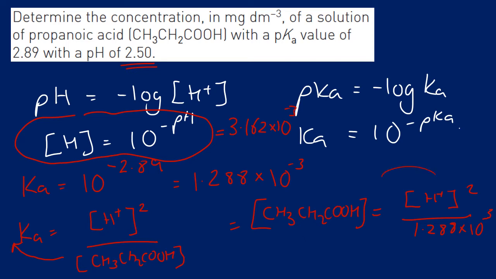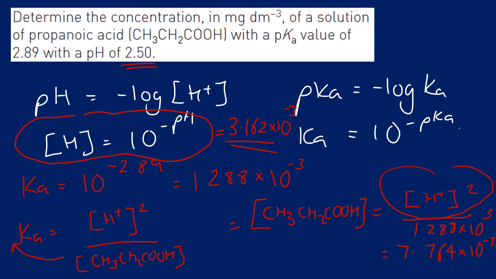I'm going to square that and then divide by 1.288 times 10 to the minus 3. I've got a value here of 7.764 times 10 to the minus 3, and that's in moles per decimeter cubed.